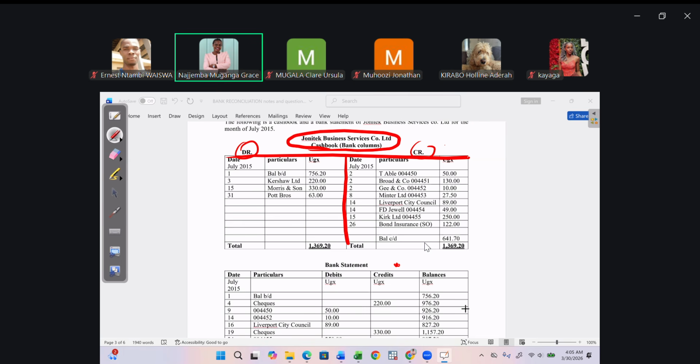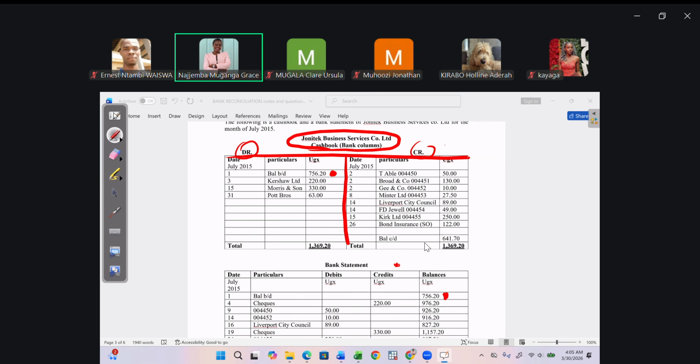Then you have the balances. You're able to start off with the balances brought down. We are going to be comparing. What they started with should be similar to what they also started with. In the bank statement, it's clear. They started with this amount, and the accountant had also captured that in the cash book under the bank column.